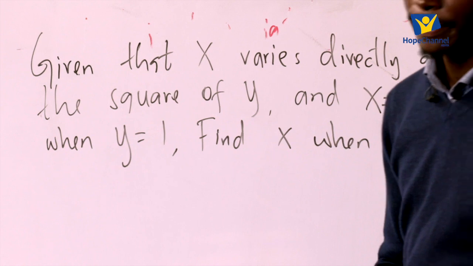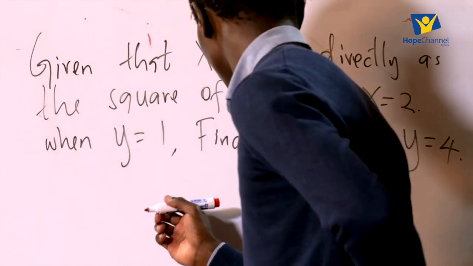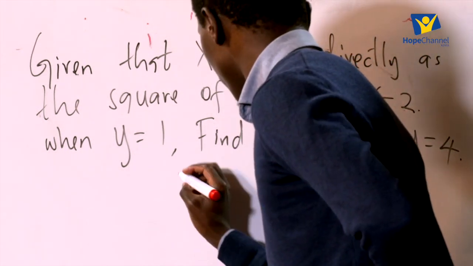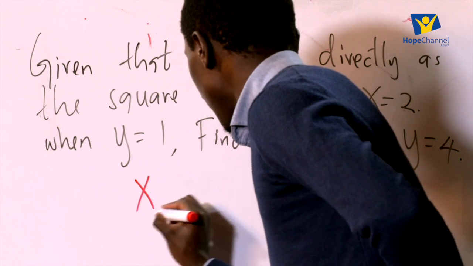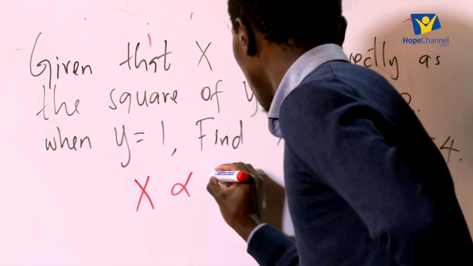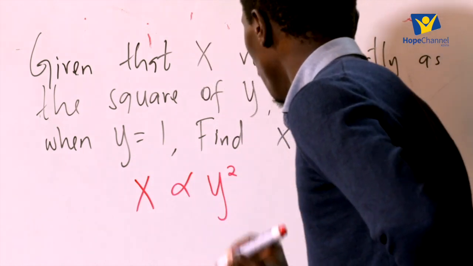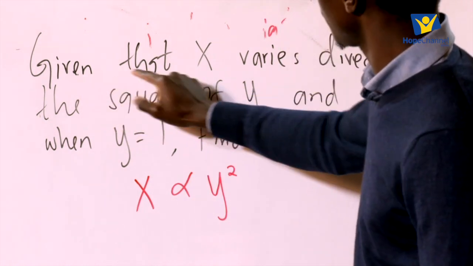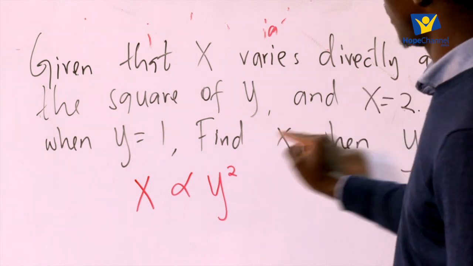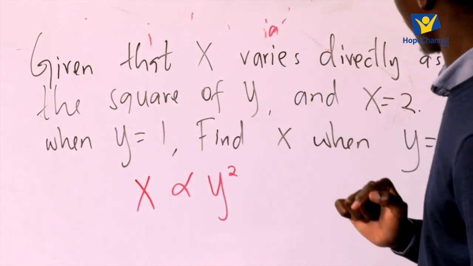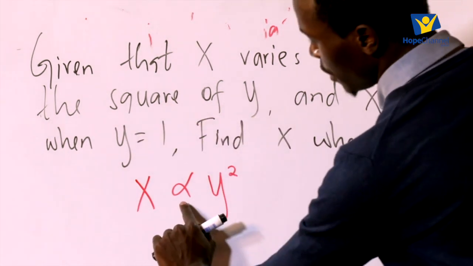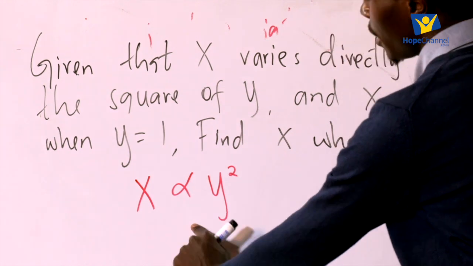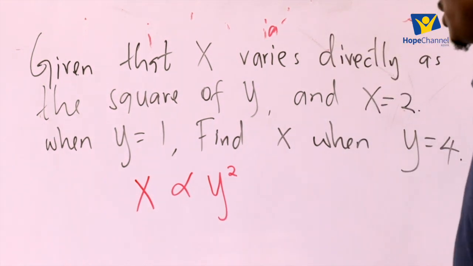Now remember, we said that x is directly proportional to the square of y. Look at that question. Given that x varies directly as the square of y, we introduce the proportionality sign so that we are able to introduce the constant of proportionality later on.